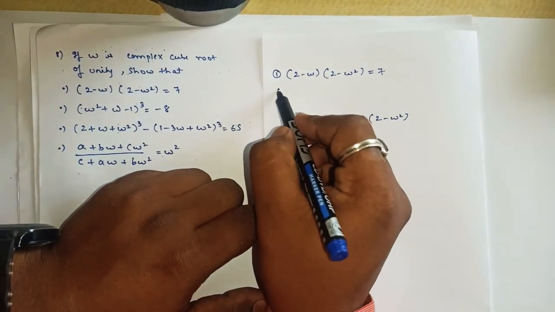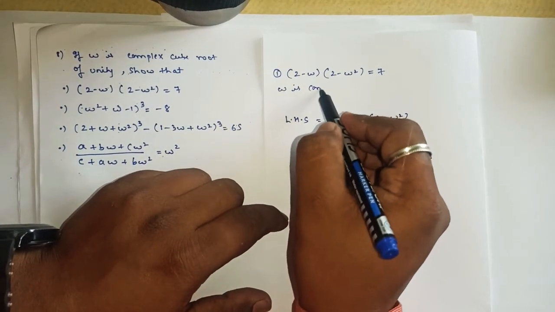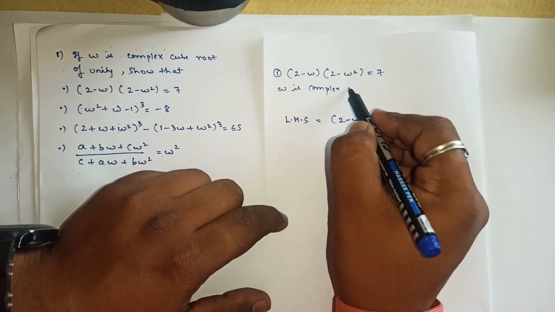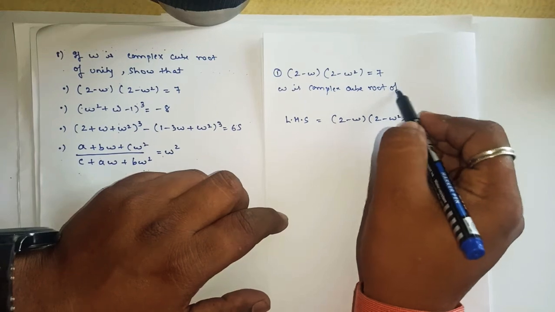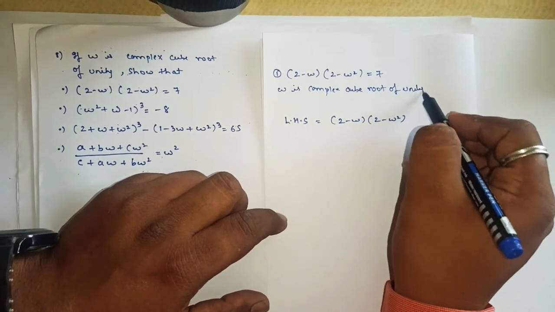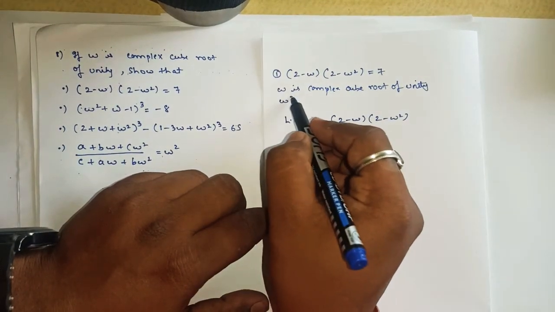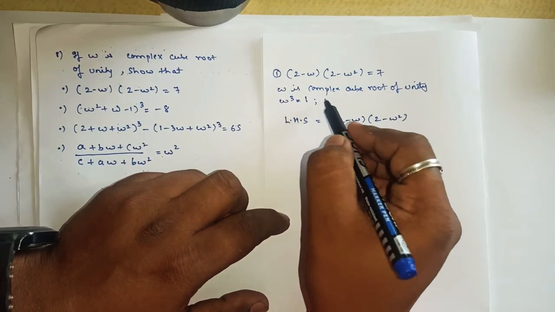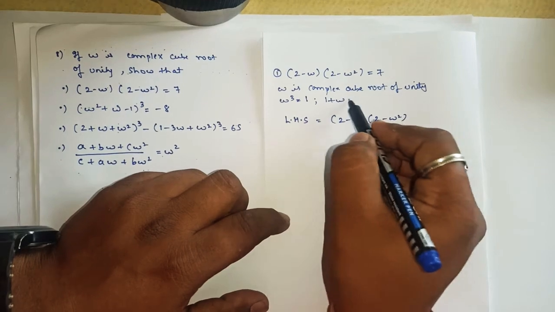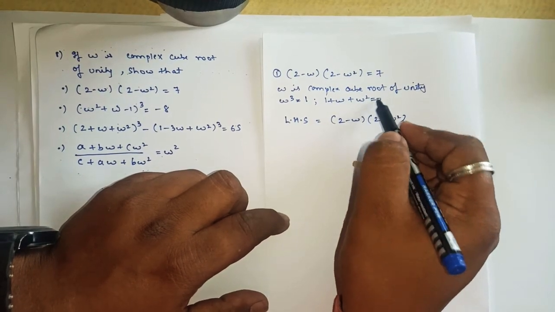Now we know that w is a complex cube root of unity, yes or no? It means w cube is equal to 1, and 1 plus w plus w square is equal to 0.